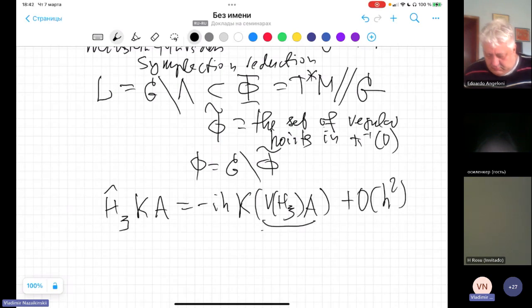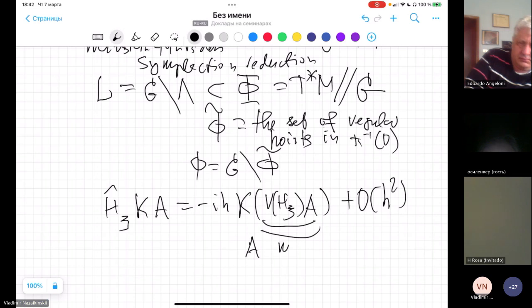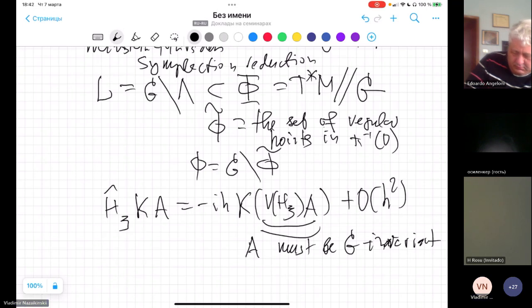This is the derivative along the vector field v of h psi, which is just one of the fields associated with the action of G on T star M. We need this to be 0 for all vector fields v of h psi, so A must be G invariant. And so we have a well-defined function A on the manifold L.